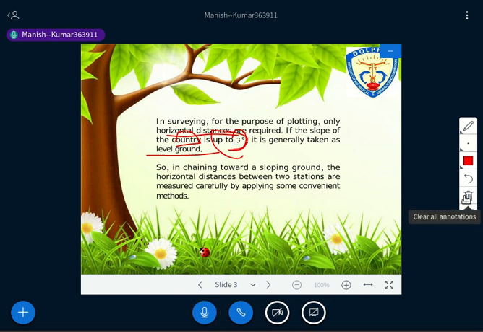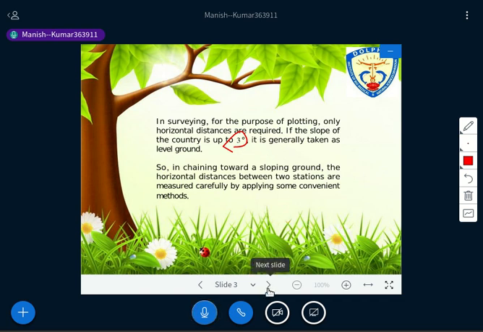So you have to keep this 3 degree aspect in mind. If the slope is up to 3 degrees, it is generally taken as level ground, but if it is more than 3 degrees, then you have to consider it as a slope, and then you have to work as per the method applied for chaining on sloping ground, right?